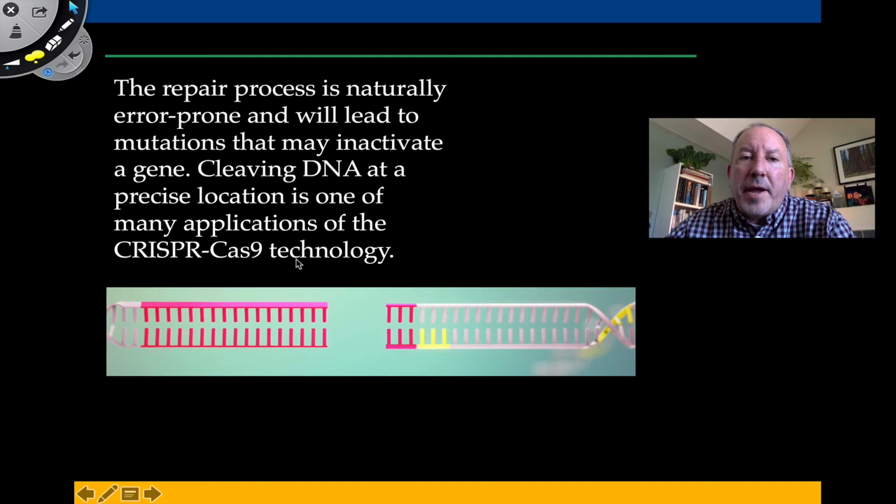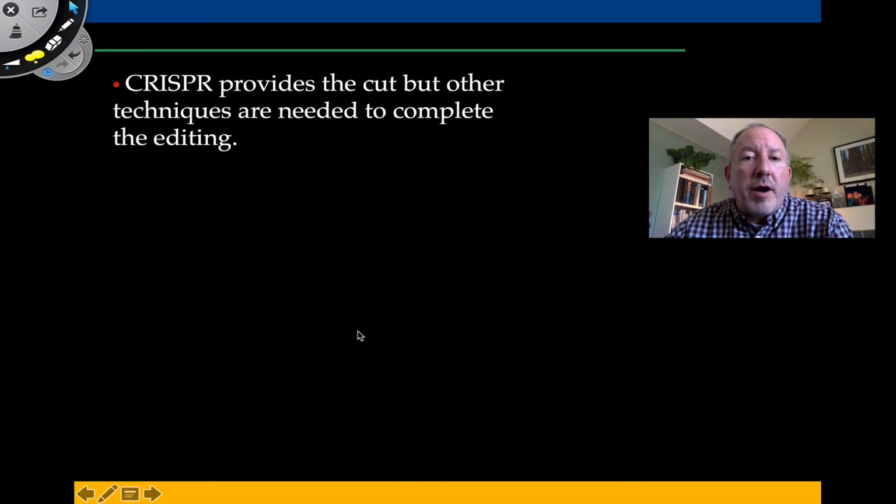And so the repair process is naturally error-prone, especially in bacteria. When they have double-stranded breaks, they are capable of repairing it, but often the repair to the broken area is random. And if it's random, it probably will result in something that won't be functional.